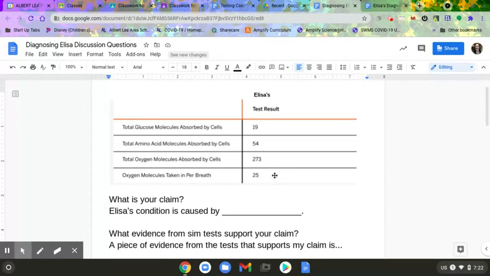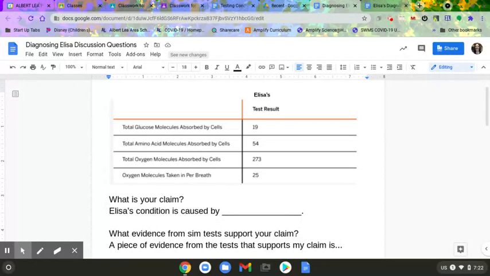So if you compare these numbers to your numbers from your trials on anemia or diabetes, you're looking for a common close number. You might not be exact, but you're looking for numbers that are close by. If your numbers are really close to hers, within a range, in particular, again, we're looking at glucose and oxygen, we're looking for that range to be close.